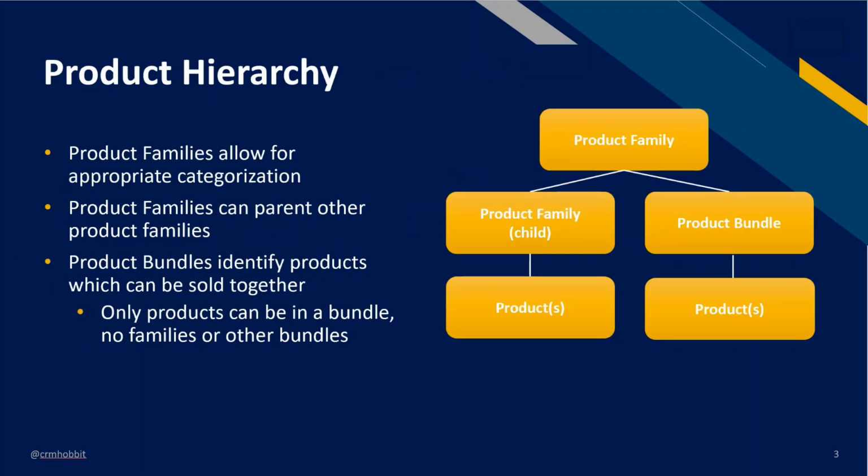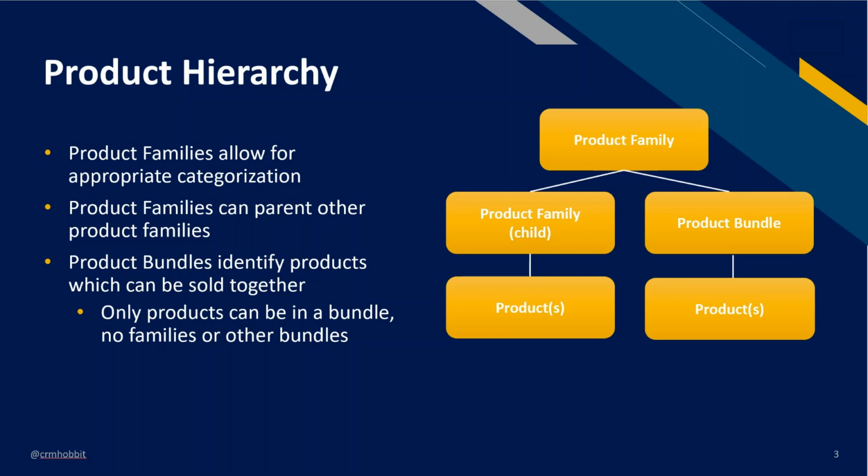Dynamics 365 Customer Engagement has a built-in product hierarchy capability, which allows you to group your products into families or bundles. Product families allow you to categorize similar products together for easy analysis and organization by your sales team. A product bundle identifies products which can be sold together.